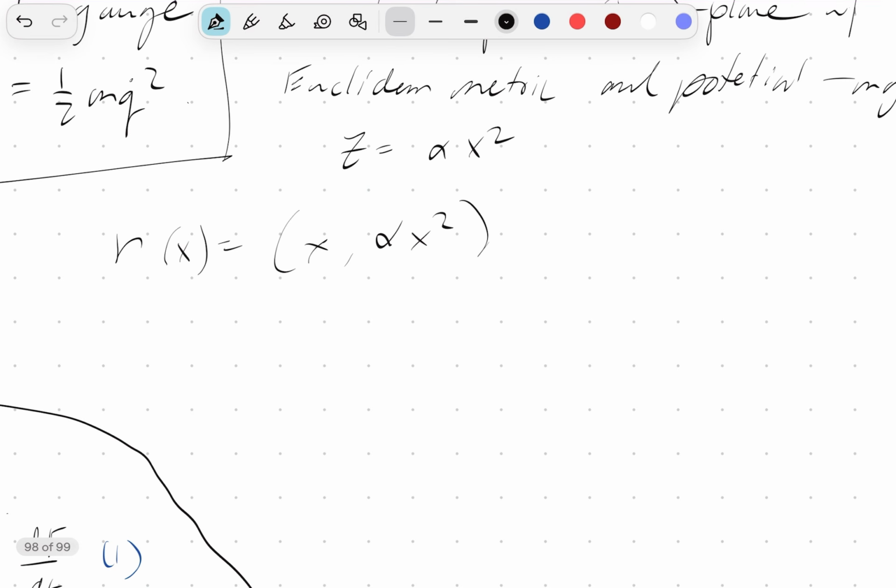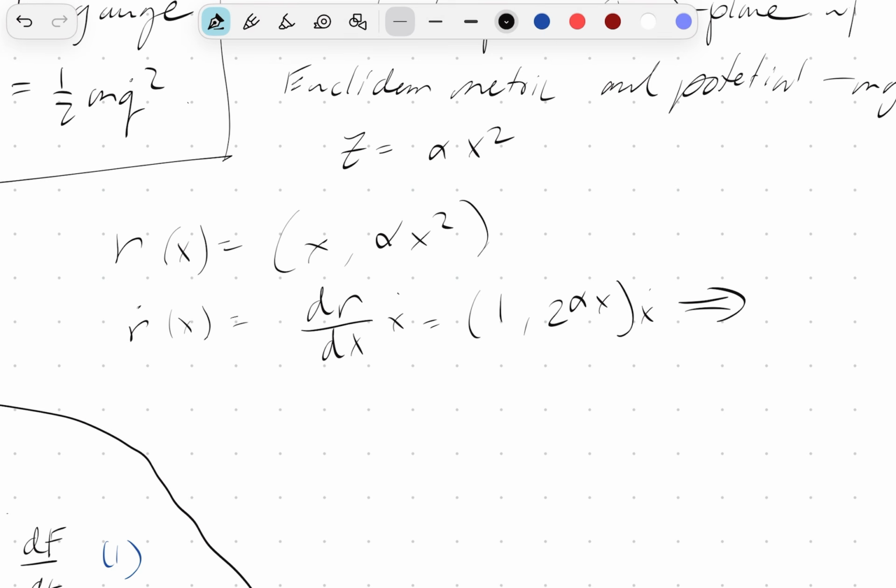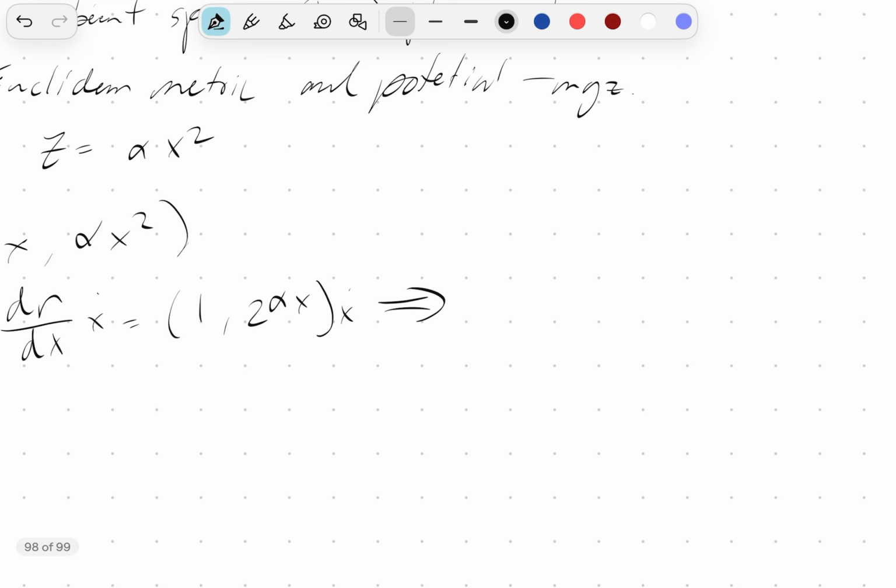The velocity is tangent to the curve, so r dot would be the vector (1, 2 alpha x) times x dot. And this implies that z dot should be 2 alpha x, by the chain rule, times x dot.